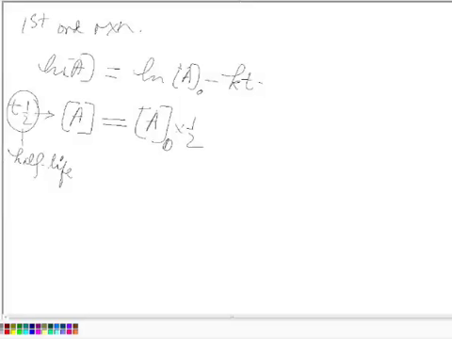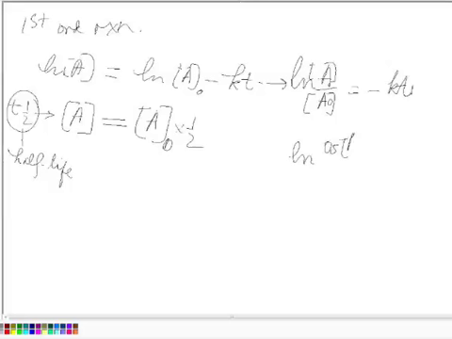Then how do we get the half-life of a first order reaction? Just put it over here. That can be written like this: ln A per A0 is equal to minus Kt, and put A equal to half A0.